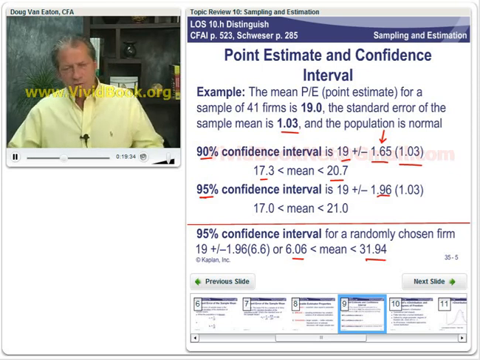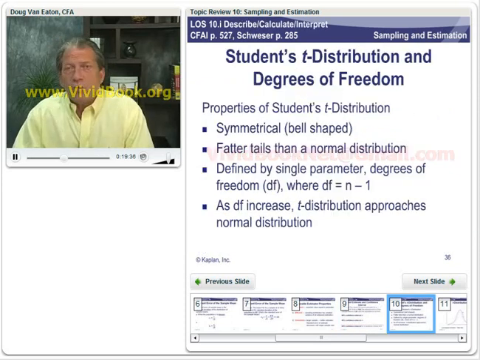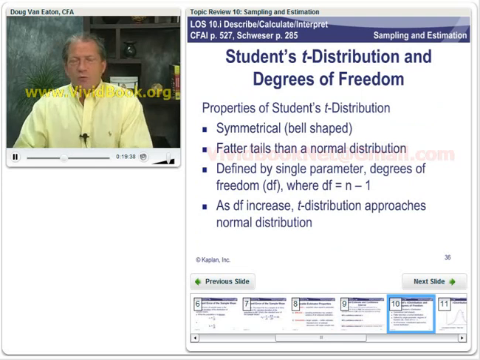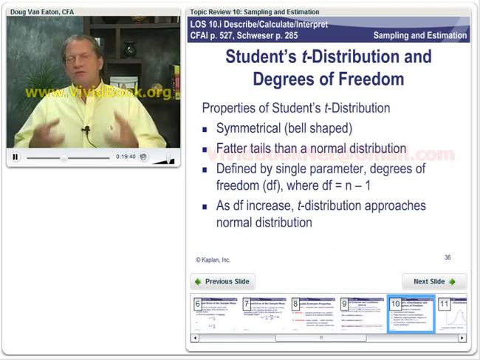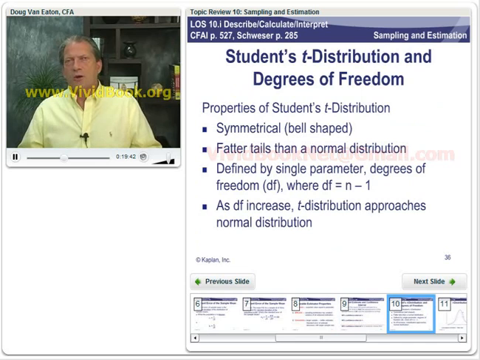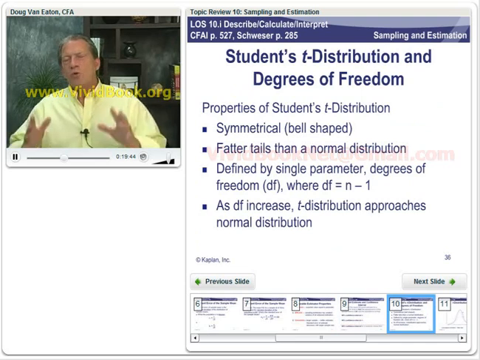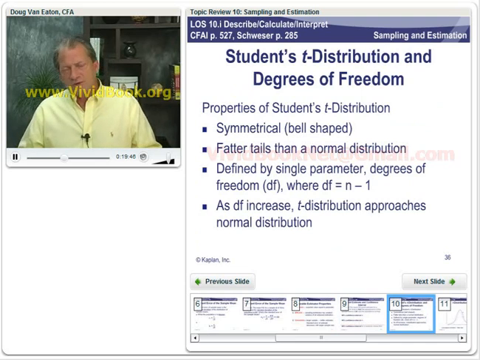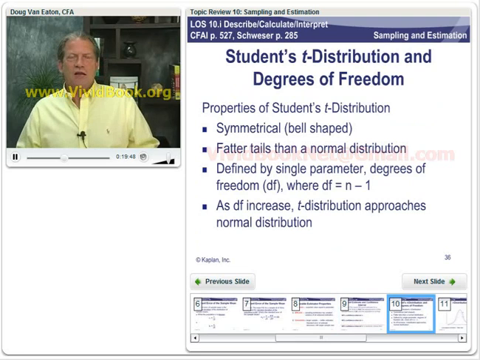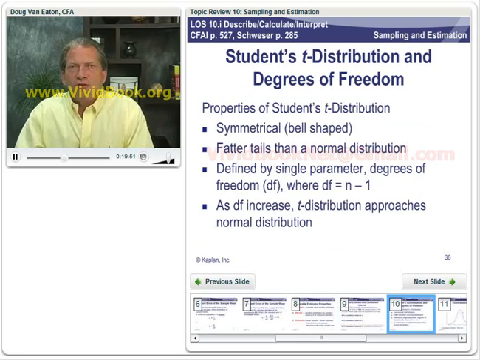Now, we've talked about normality, and we used the central limit theorem to say that if I'm grabbing sample means of a decent size out of this barrel, I can assume they're normally distributed. Well, sometimes we can't assume that, and an alternative to the normal distribution is the student's t-distribution. It's symmetrical.